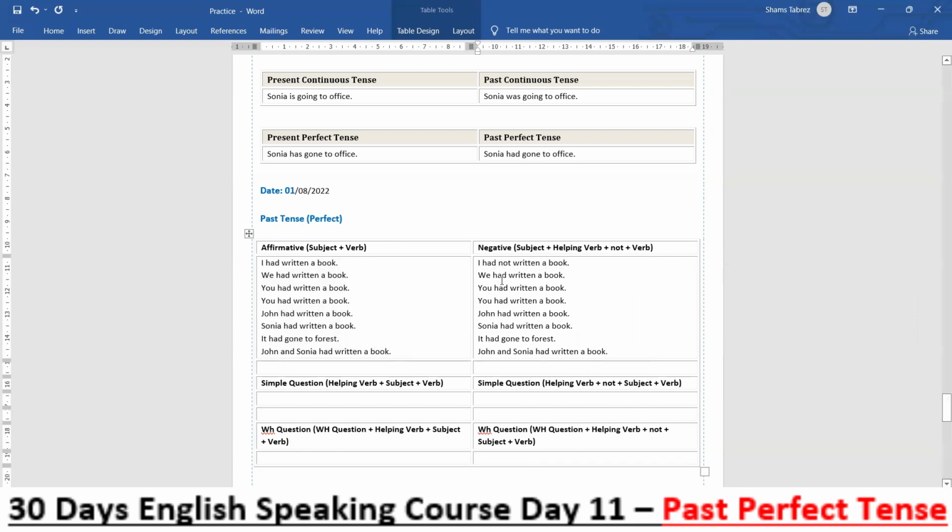I had not written a book. We had not written a book. You had not written a book. So simply, we add not to the affirmative sentence to make it negative. This is the logic we need to understand.